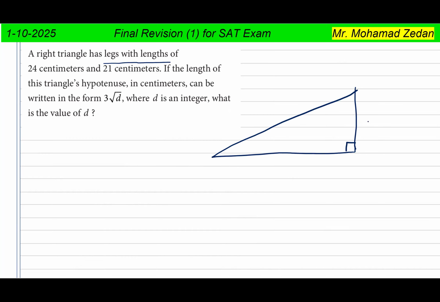So consider one of them is 21 and the longer one is 24. If the length of the triangle's hypotenuse is 3 radical d, that's very easy. What's the value of d? Now there's a similar question, a little bit harder. So can one of you please give me the value of d, if you can, please?